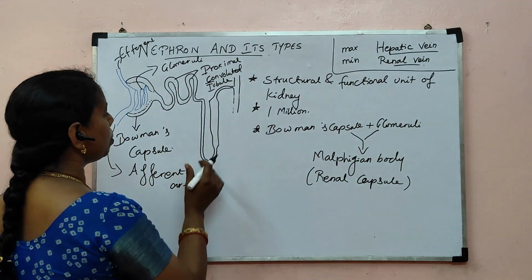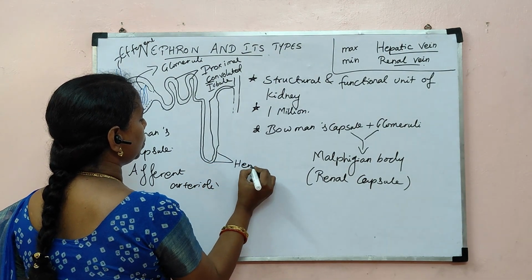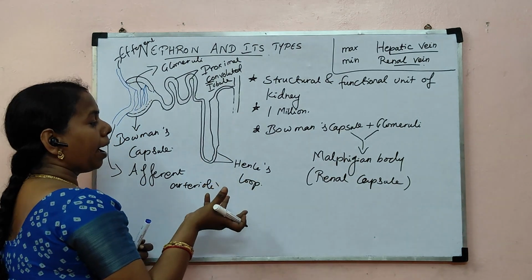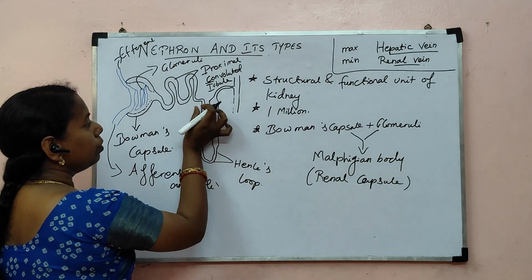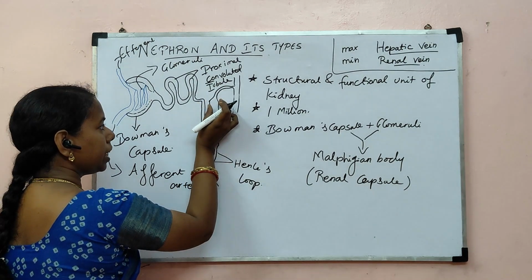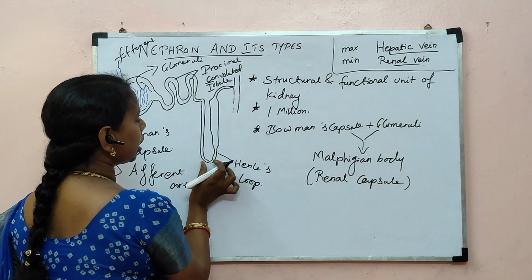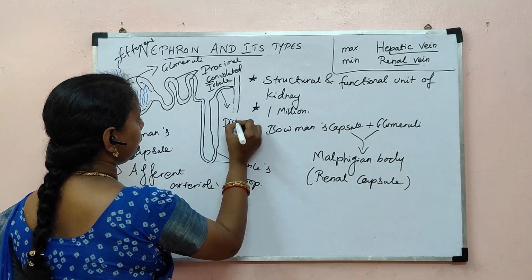Then it is followed by a loop-like structure which is called Henle's loop or hairpin loop-like structure. It has a descending limb which is thinner and an ascending limb somewhat thicker.